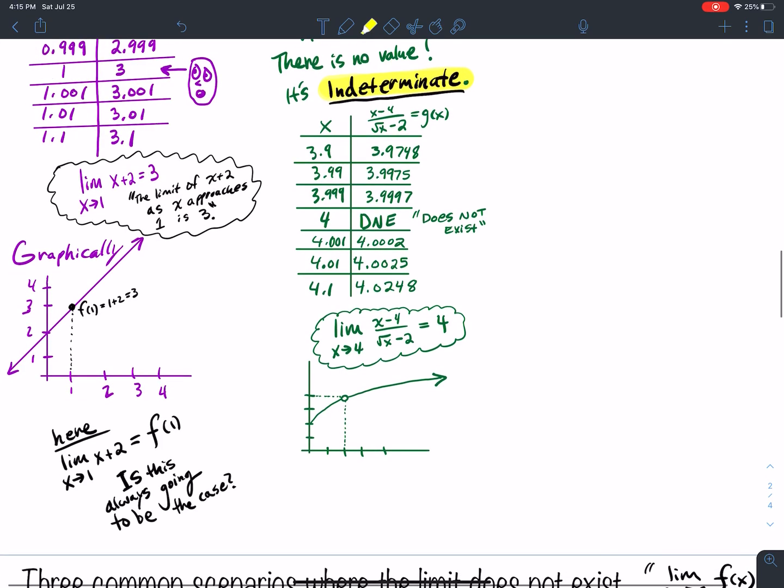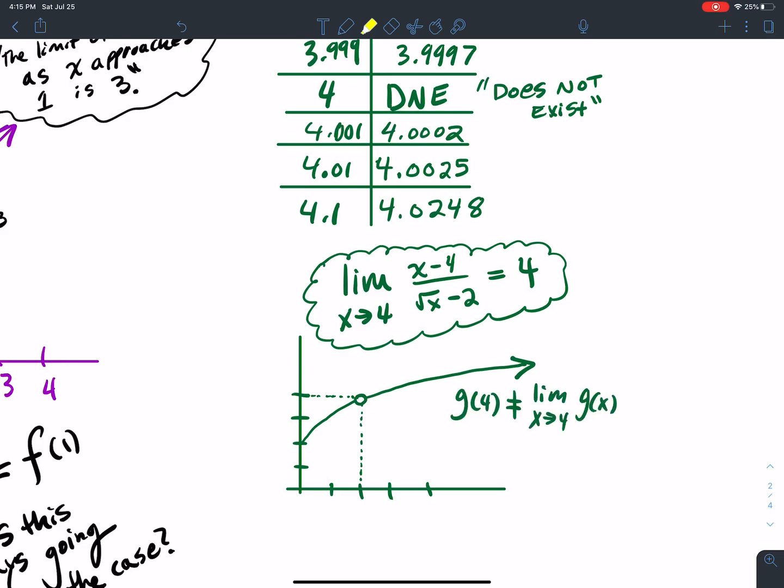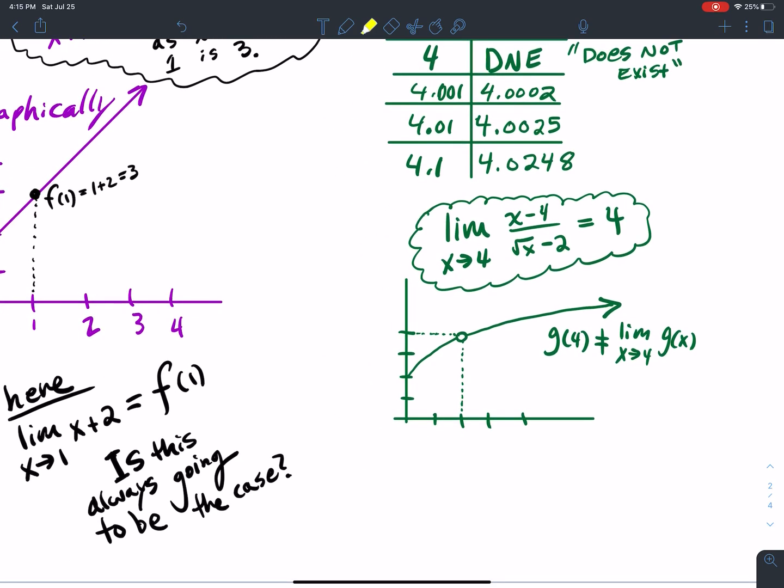Now, why is this? Graphically, this is what that graph looks like. It looks like a square root curve, kind of, and it's got a hole in the graph at x equal to 4. This is the scenario that breaks this thesis right here that the limit is equal to just evaluating the function.